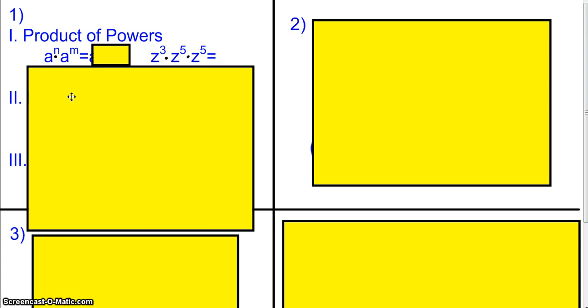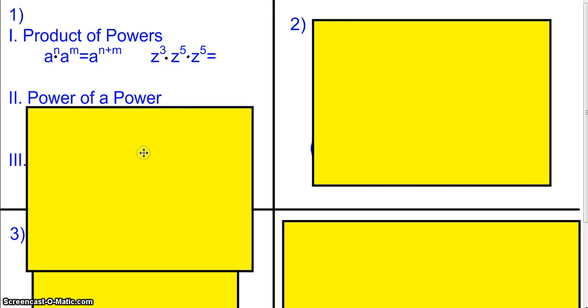And can you finish the rule? A to the m plus n. Good. And there's a little sample for you to complete. Z to the 3rd times z to the 5th times z to the 5th equals, let's say it, z to the 13.